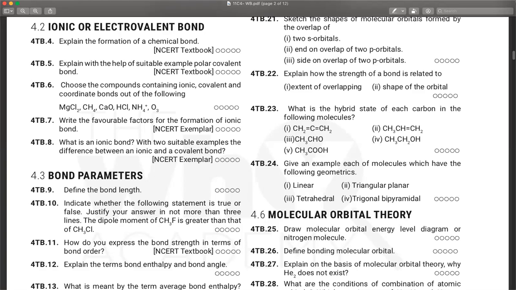All right. So ionic compound you're aware of, covalent compound you're aware of, coordinate compound. Coordinate compounds are basically the kind of bonds in which the pair of electrons being shared between two atoms come from the same atom. For example, we had seen ozone, so we'll go with ozone only.